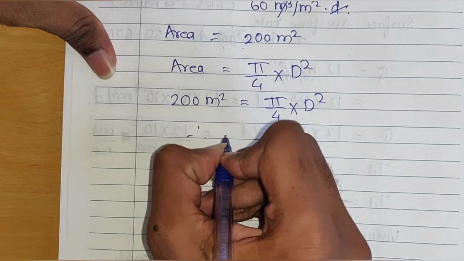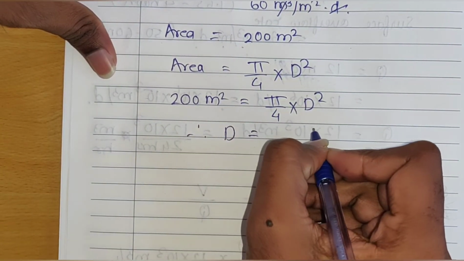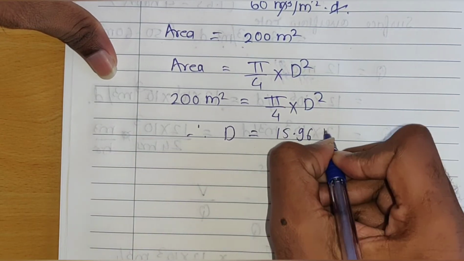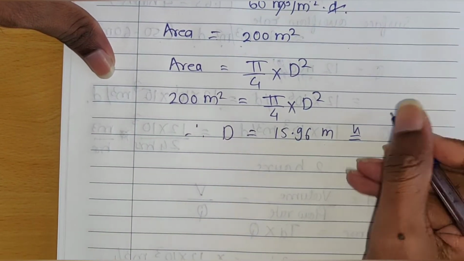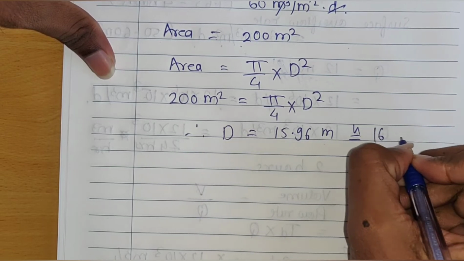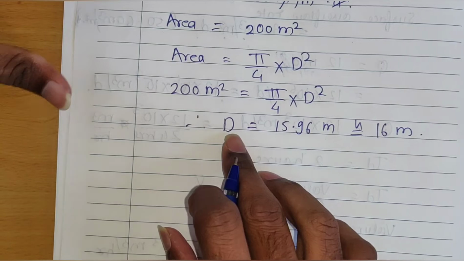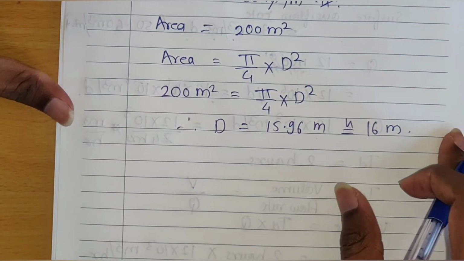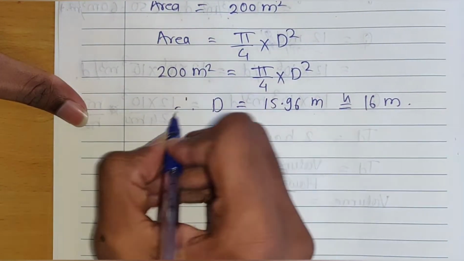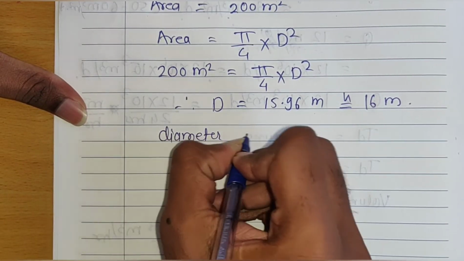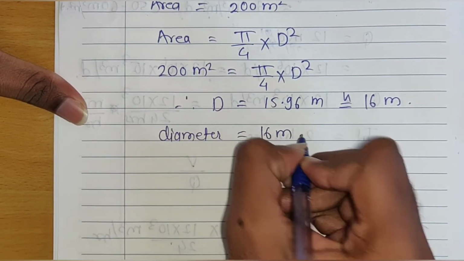Therefore after solving this we will get the value of diameter as 15.96 meter, make it round off to 16 meter. Here we have found the value of the diameter of the settling tank. Diameter is equal to 16 meter.